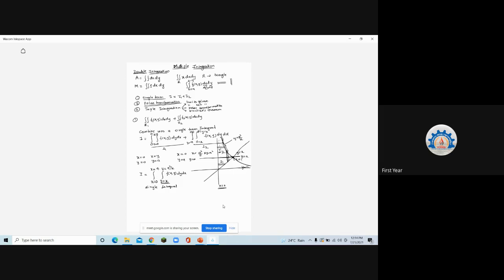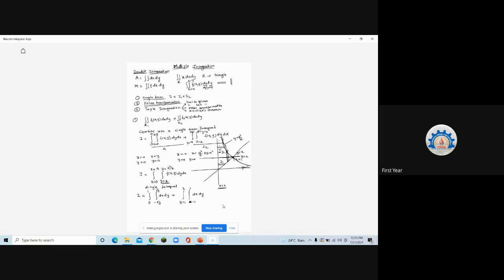Convert to single integral and evaluate I, which is the integral from 0 to 1 of the integral from minus root y to plus root y of dx dy, plus the integral from 1 to 2 of the integral from minus 1 to 1 of dx dy.